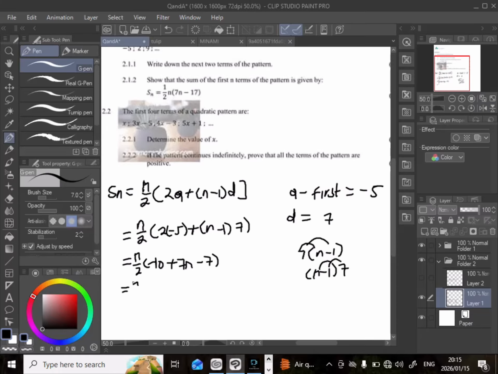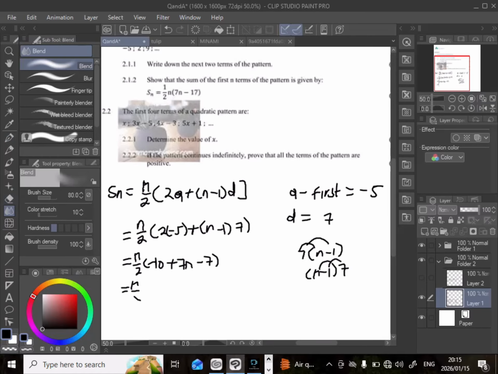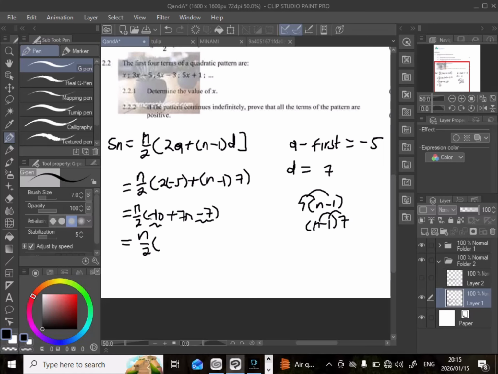Now we have like terms here: -10 and -7 gives -17, so it's 7n minus 17, and this is basically our final answer, n over 2 times (7n minus 17).